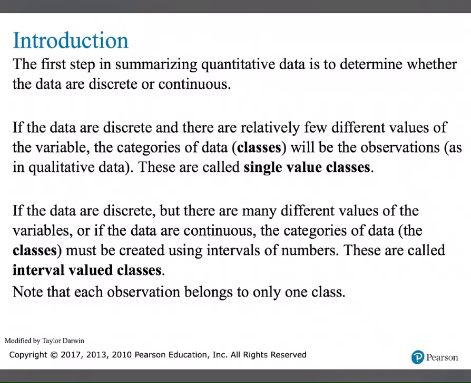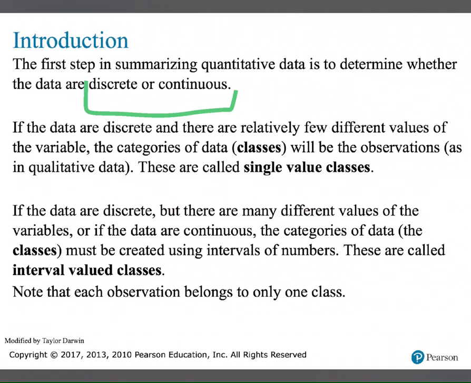So the first thing is whenever you summarize quantitative data, you need to first determine if it's discrete or continuous. And remember, discrete is counting numbers like the number of siblings you have, and continuous is infinite, like speed. It can be very, very, very specific. So if it is discrete, there are very few values, and the categories of data will be observations.